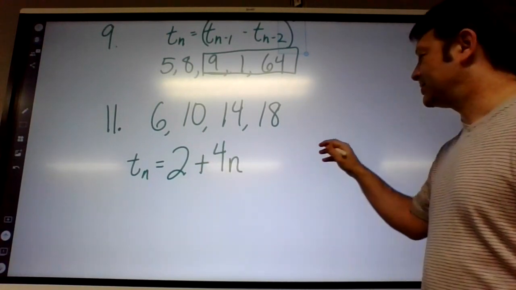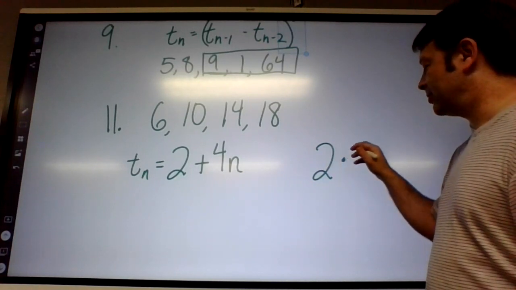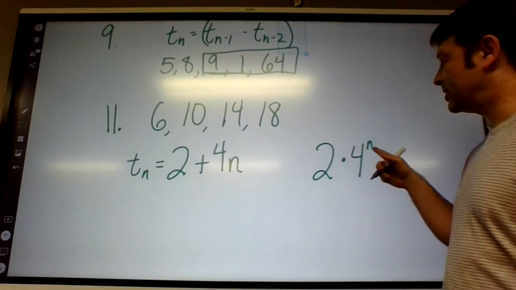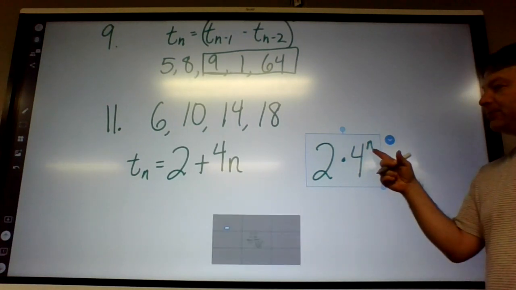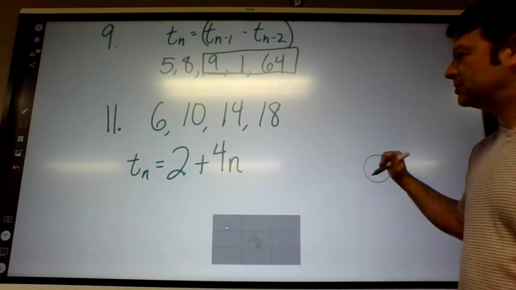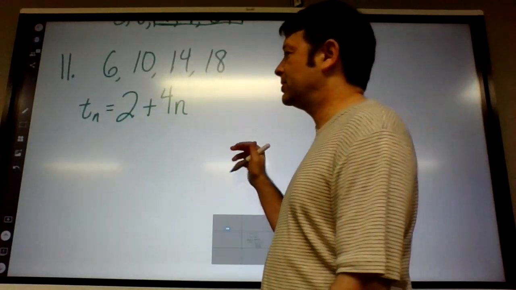I think I mentioned this yesterday, but if you wanted to multiply 4 over and over, the N should be in the exponent, because that's what makes you multiply repeatedly. Hopefully you guys got that.